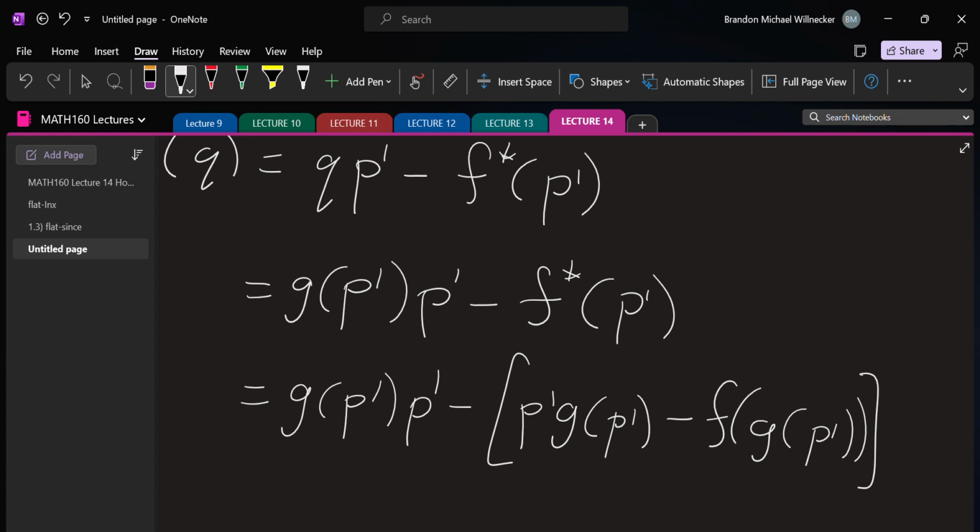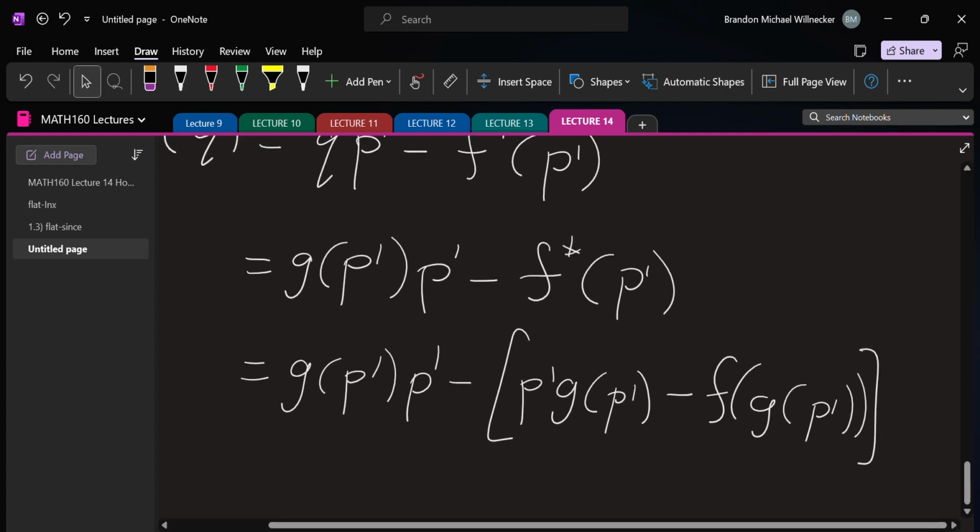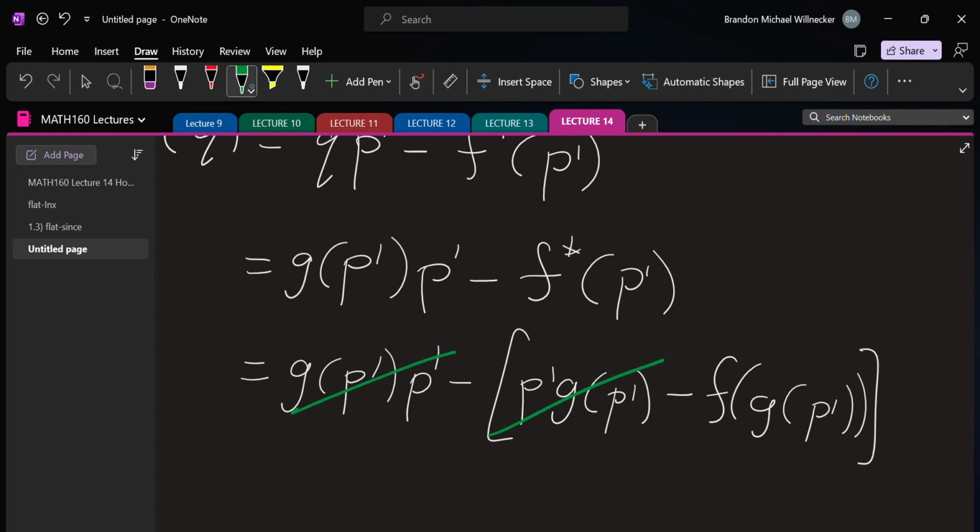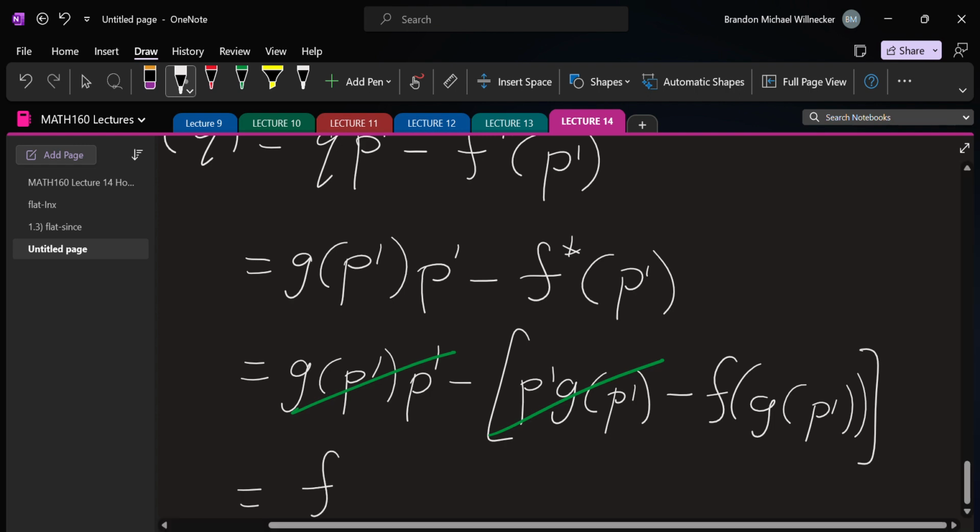So that red equation with just renaming p to p prime, I'm substituting here. So I get this. Okay, in the front there, we've got g of p prime minus p prime g of p prime. They cancel. Minus and a minus, that makes a plus.